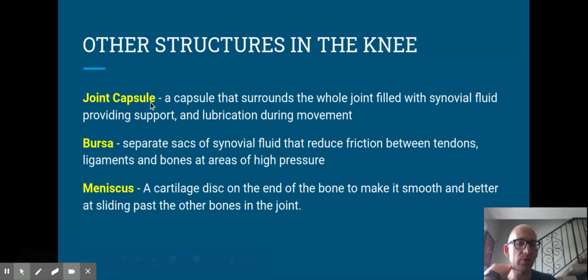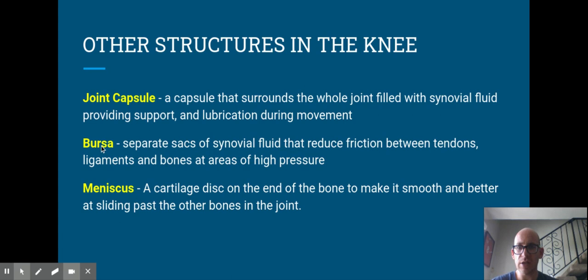The joint capsule can also be called the synovial membrane, and it's filled with synovial fluid. It provides a little bit of extra support because it's thicker, more viscous than water. But also, having fluid in the middle of a joint provides lubrication to allow the bones within the joints to slide past each other.